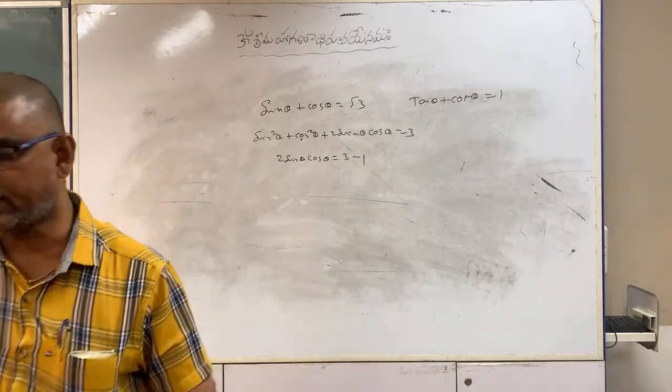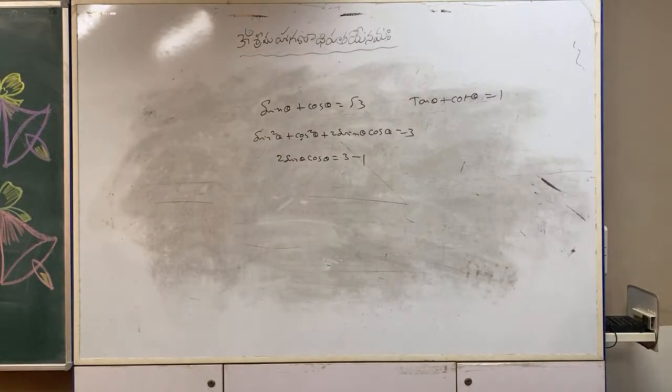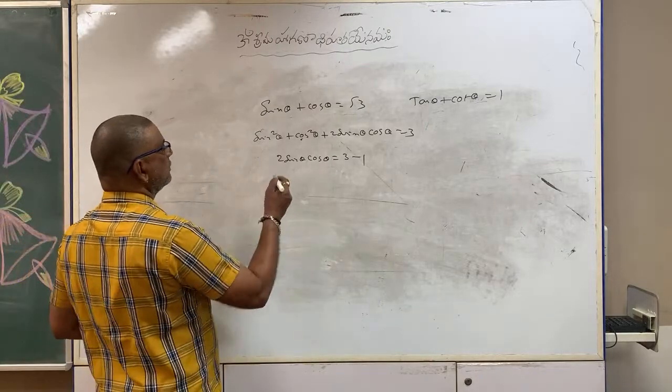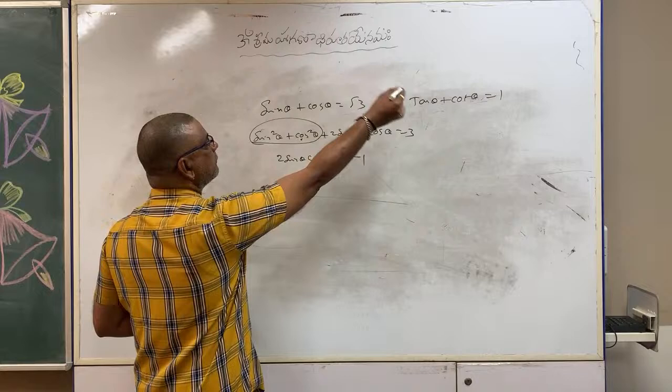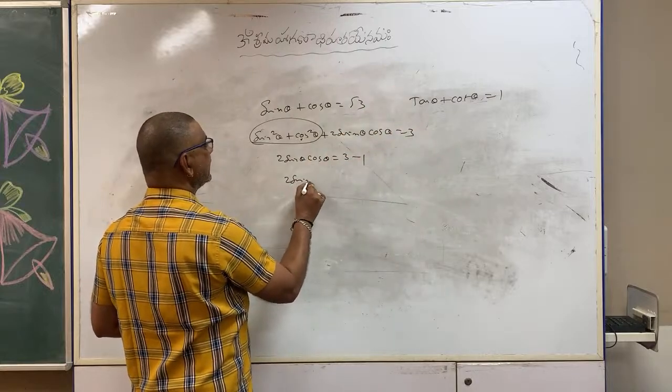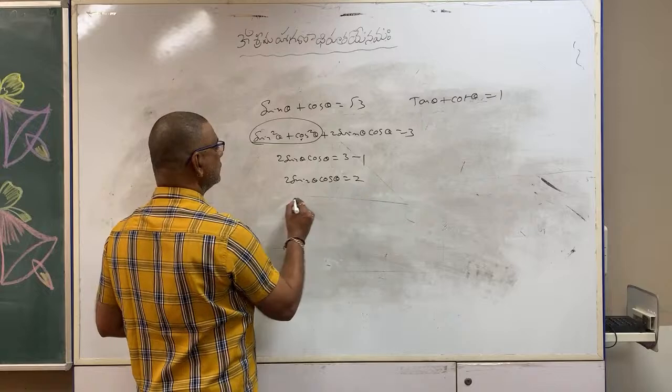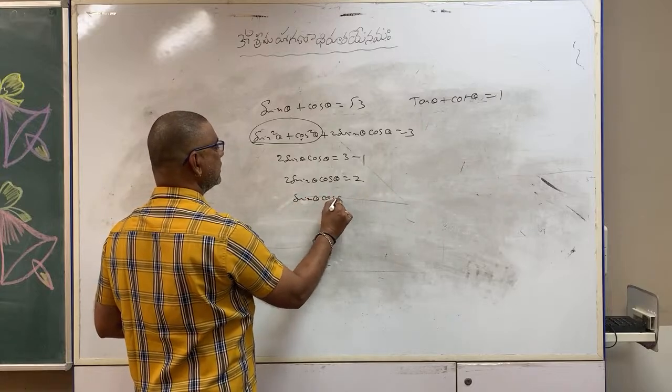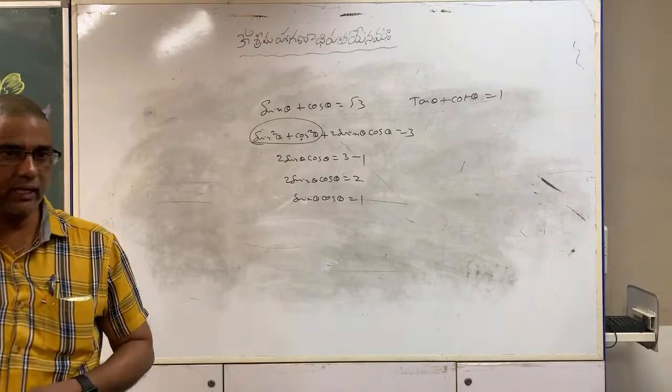Why did I write 3 minus 1? Because sin square theta plus cos square theta is 1. So 2 sin theta cos theta is 2. Then sin theta cos theta is 1.